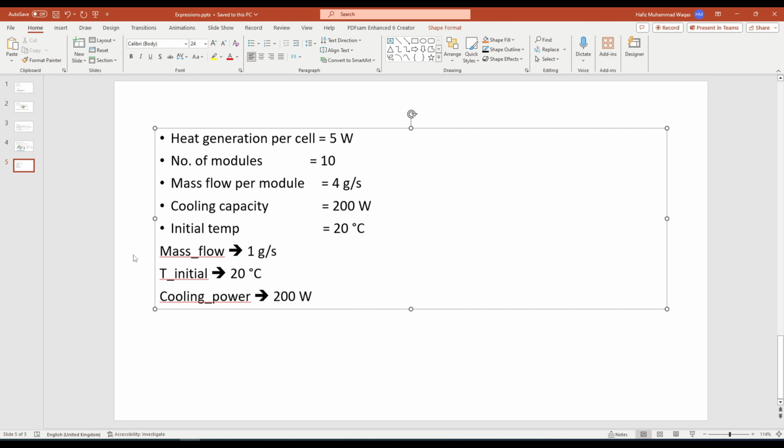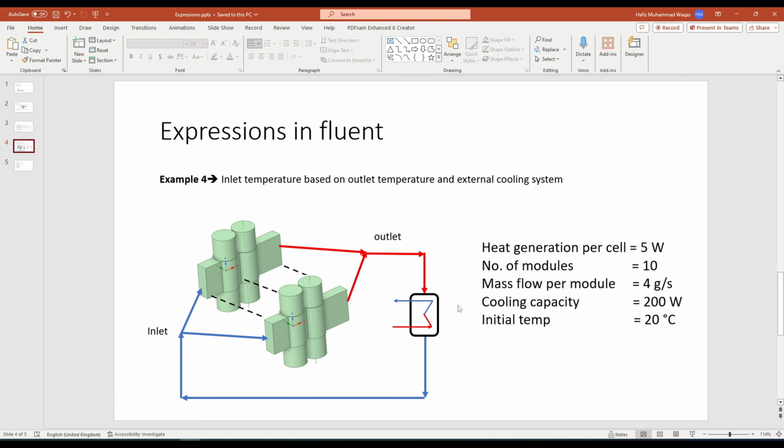One condition was that the temperature cannot go below 20 degrees Celsius, and the other condition is that the temperature would start changing after some time, let's say after 50 seconds. Why is this so? Because fluid is coming from here, so it will take some time to reach the inlet. I have just taken a random time, so you can choose based on your requirement.